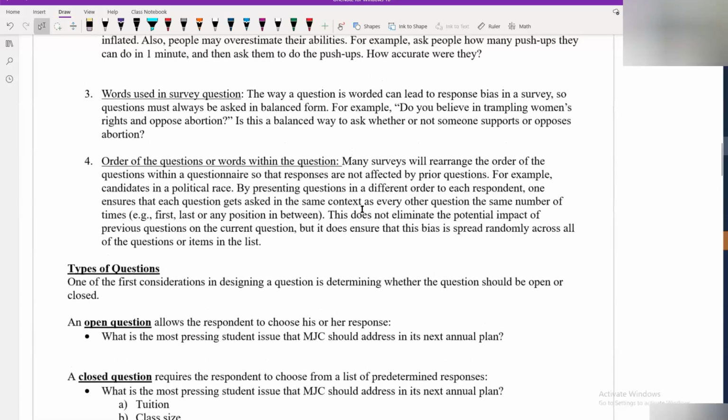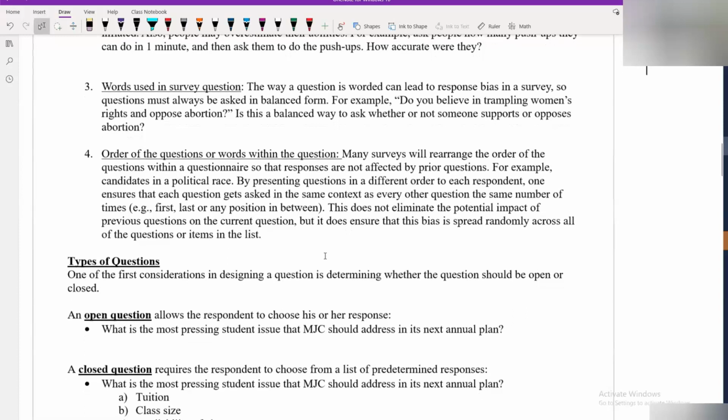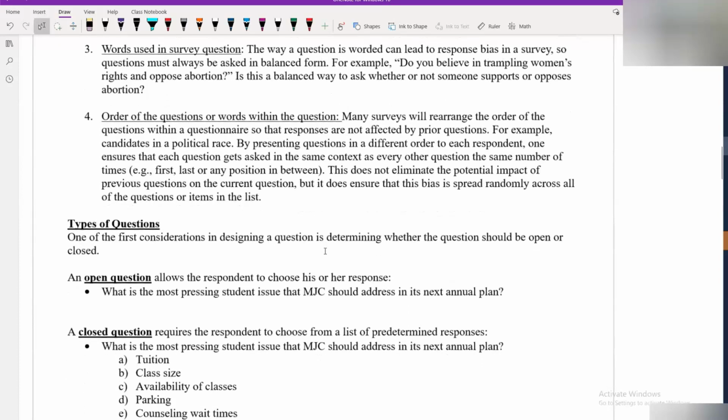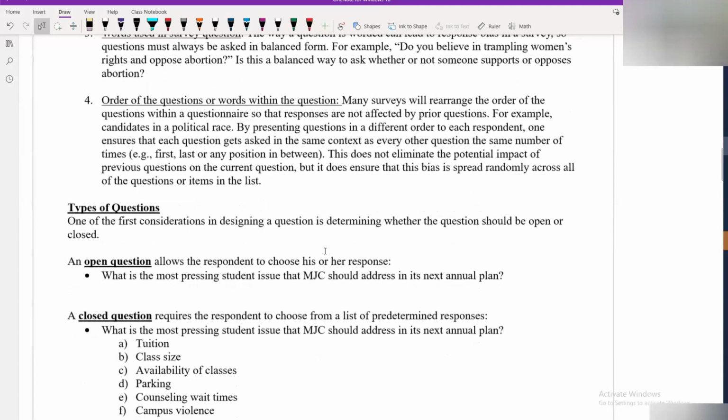one ensures that each question gets asked in the same context as every other question, the same number of times, first, last, or any position in between. So in this case, order matters. For example, we may have 2-3 questions about, let me see if I can find something.